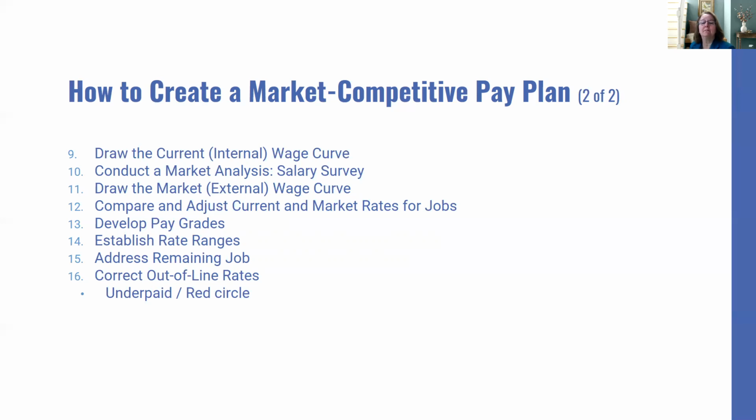And we collect external wages and we plot those and create the external curve. In number 11, once we have that external curve, we're going to compare and adjust the current and market wage rates for jobs. So we're going to compare the two curves, and we're going to determine where we stand.